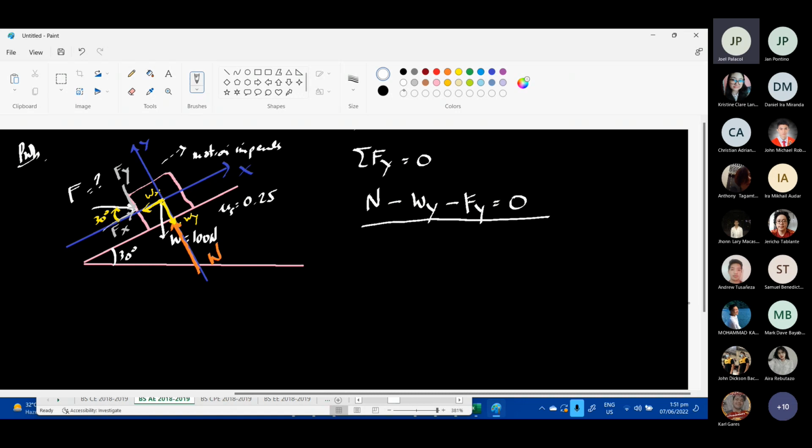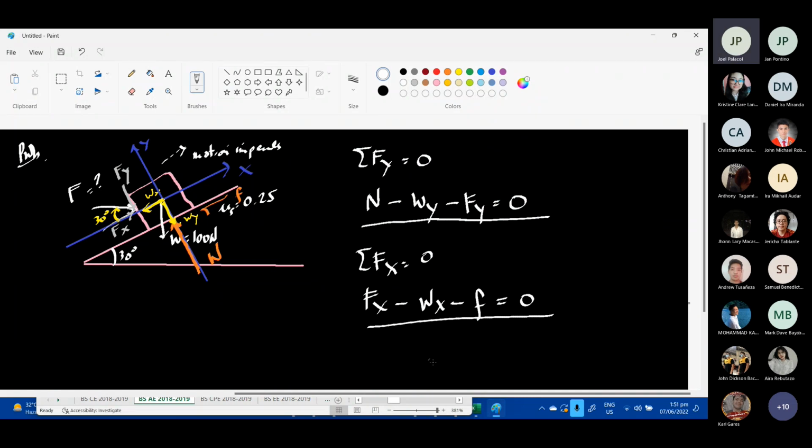What will be the direction of the frictional force? If motion impends going up, then the frictional force, of course, will be in the downward direction. So if you take summation of forces along x equals 0, it will be Fx minus Wx, the component of the weight in the negative x direction, as well as the frictional force Ff, equal to 0.